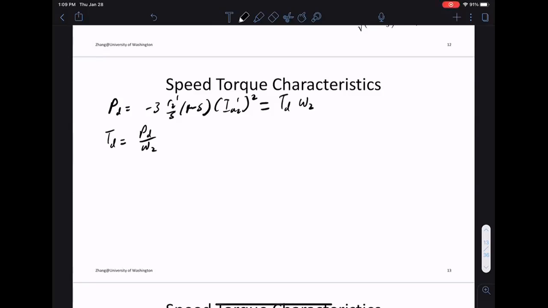There are two ways to write this. One is just minus 3 R2 prime (1 minus S)/S, over omega 2, times IA2 prime squared.